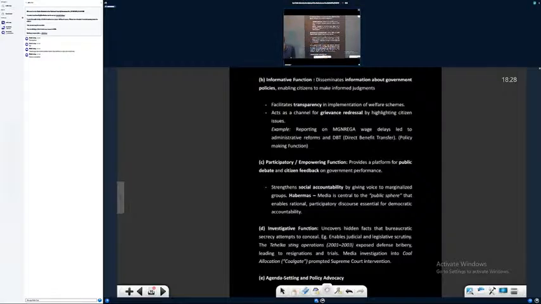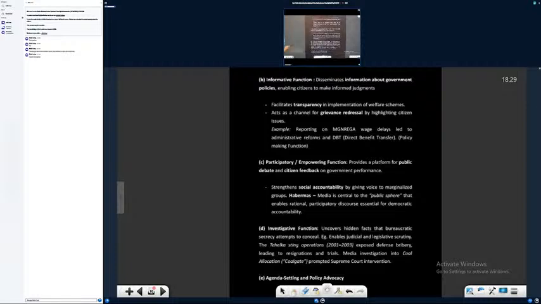Yes, the watchdog function exposes corruption. Good. Now it provides a platform for public debate, citizen feedback. So it informs the citizens that they have certain rights and they should ensure these rights are fulfilled. Okay, so it has a very participatory and empowering function.